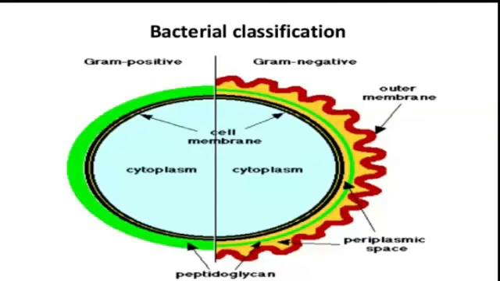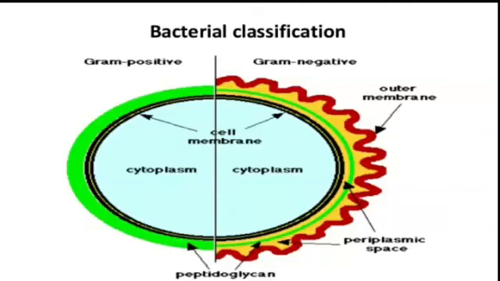So what is the difference here? From the picture itself you can see the peptidoglycan layer in gram-positive is very thick. The green layer which I have noted here as peptidoglycan is very thick in gram-positive, whereas in gram-negative it is a very thin layer. Gram-positive has around 80 nm thickness of peptidoglycan, whereas in gram-negative it is 5 to 10 nm thick. In gram-negative bacteria this peptidoglycan is covered by the periplasmic space, whereas in gram-positive there is no periplasmic space.